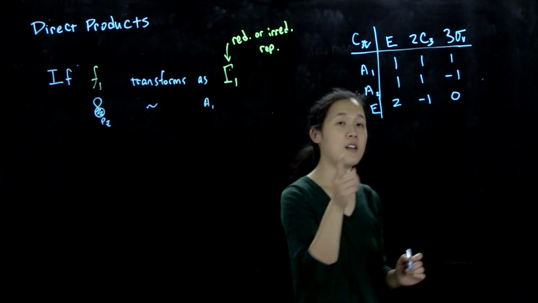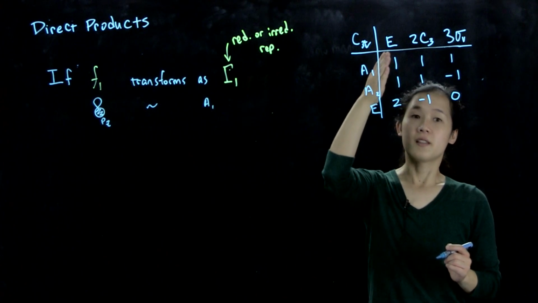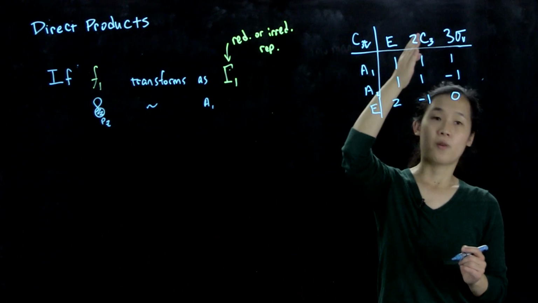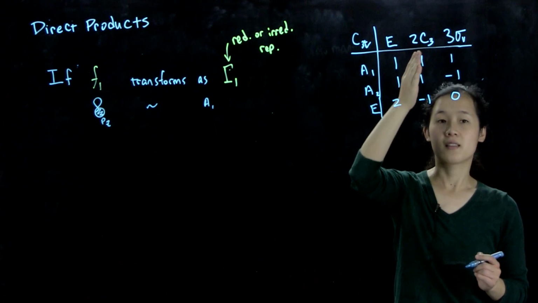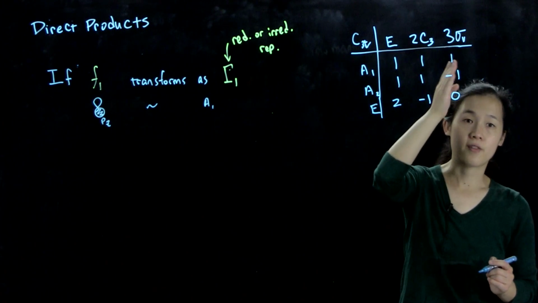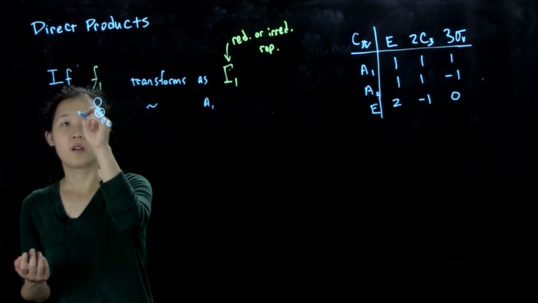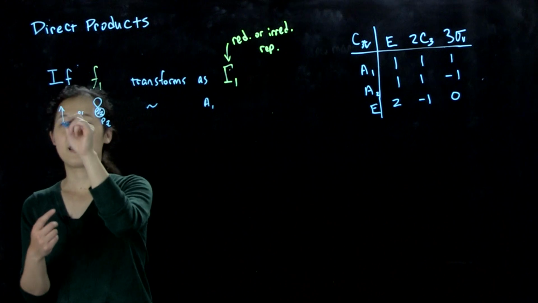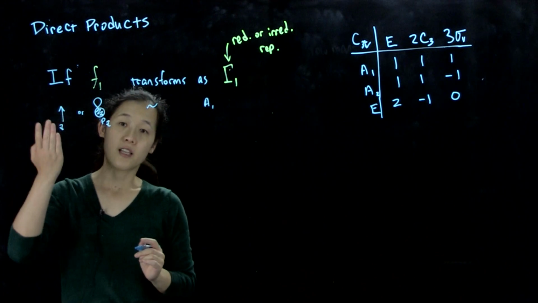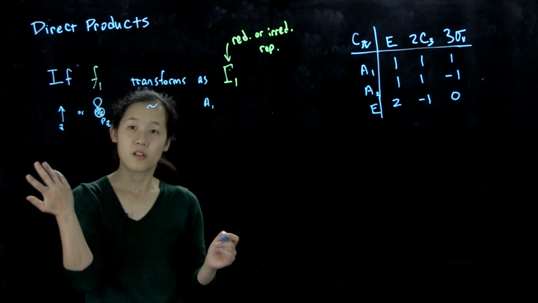Because you remember, the pz orbital is symmetric with respect to E, symmetric with respect to C3 along the z-axis, and symmetric with respect to a sigma v. Or if we had, let's say, a z vector, right? This is the z vector, which is a function. This transforms as a1 also.